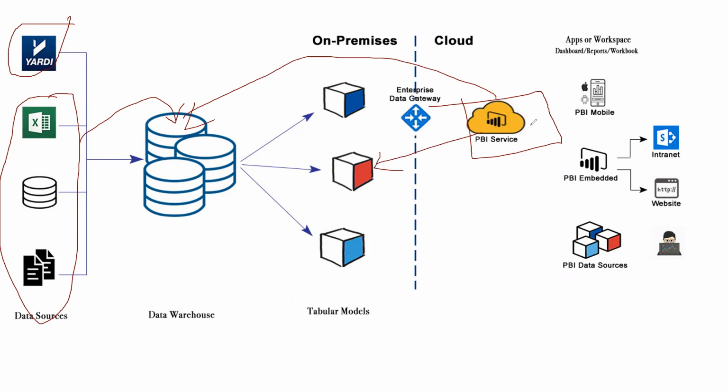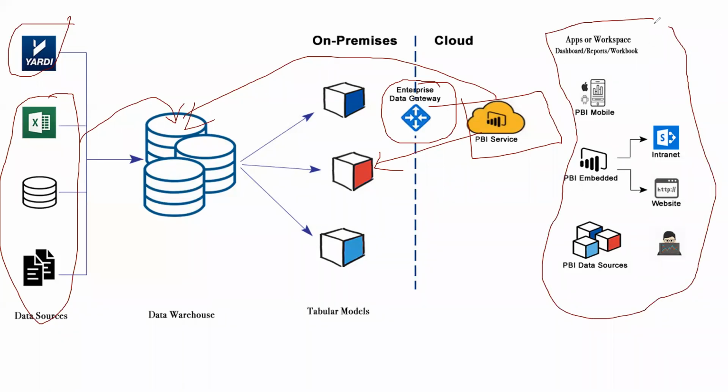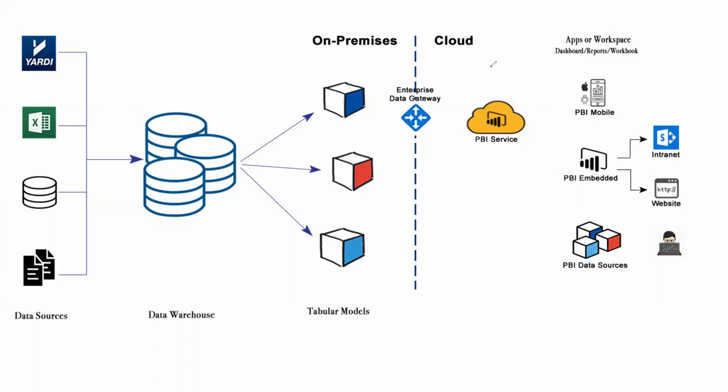In either case, when you want this data available, that is when the gateways will come into the picture, and then you will see the data being consumed in different ways here, right?